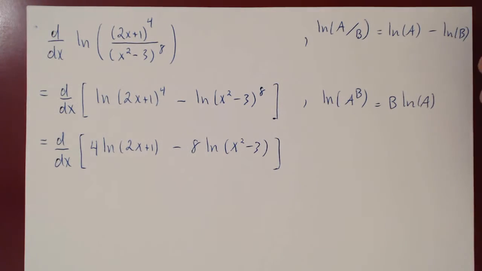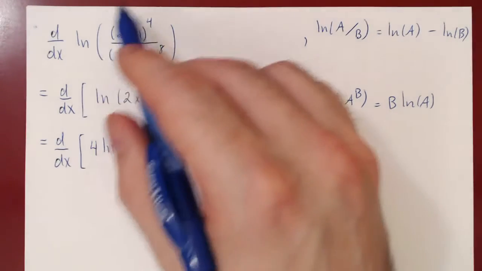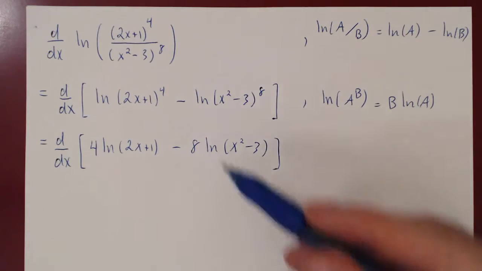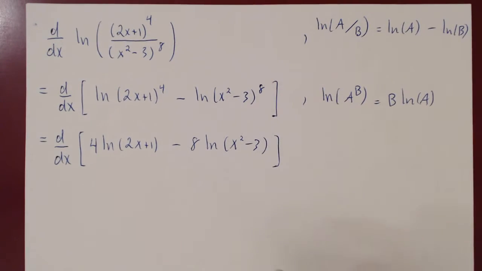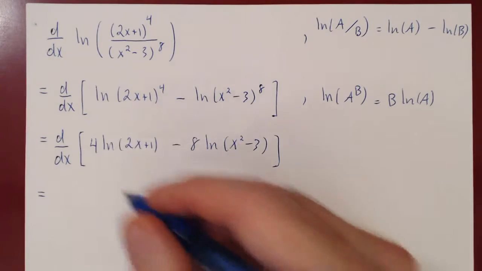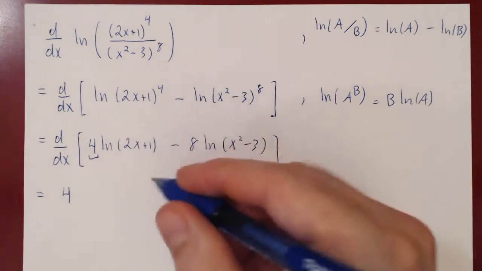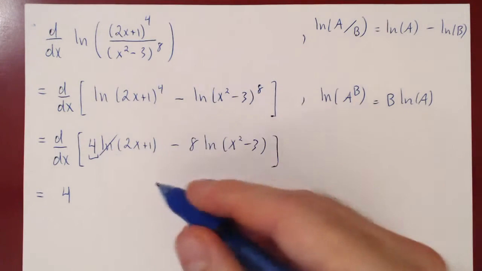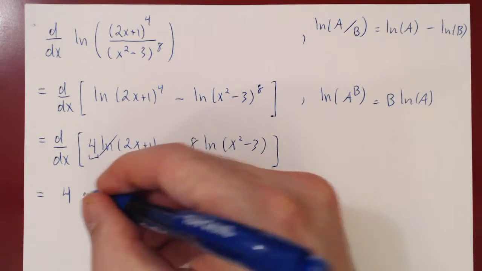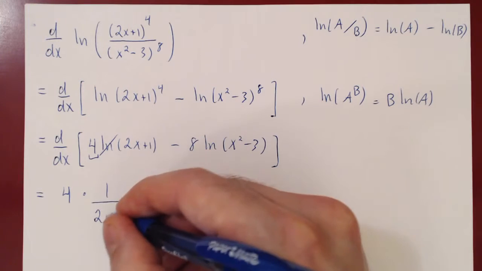And now we can differentiate, and you'll see we will have a much easier time than if we had found the derivative right from the get-go without simplifying. So let's go ahead. 4 is a constant multiple, so it just stays there. We differentiate ln. The derivative of ln is 1 over what's inside, so times 1 over 2x plus 1.